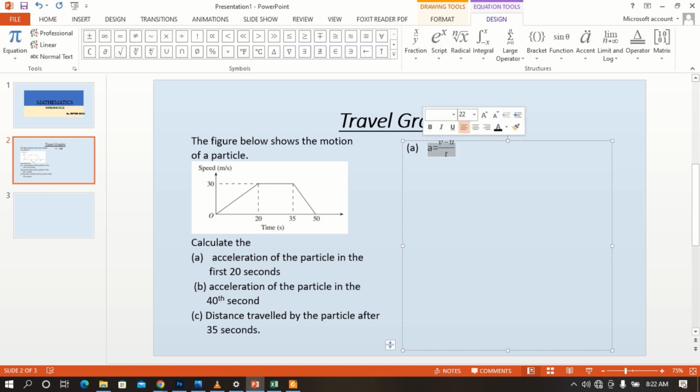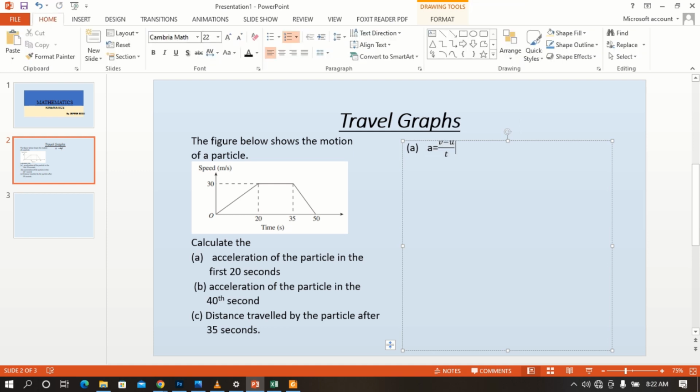Now, having looked at this, what data have we been given? We know that the final speed here is 30 meters per second. So we say 30 minus 0 meters per second divided by time, which is 20.